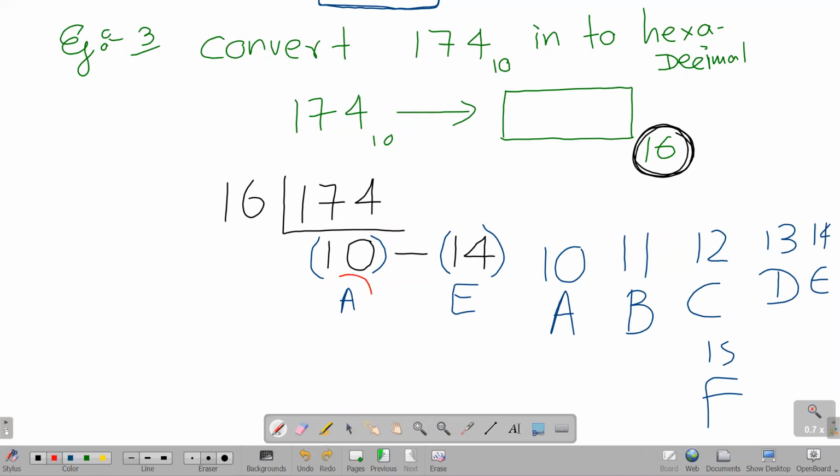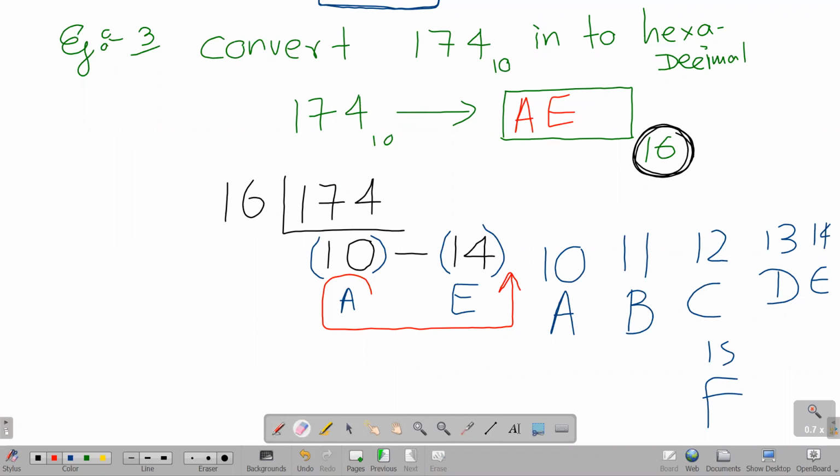This is going to be your answer: the answer that you receive last, followed by the remaining part from bottom to top. So the final answer is going to be AE in hexadecimal.